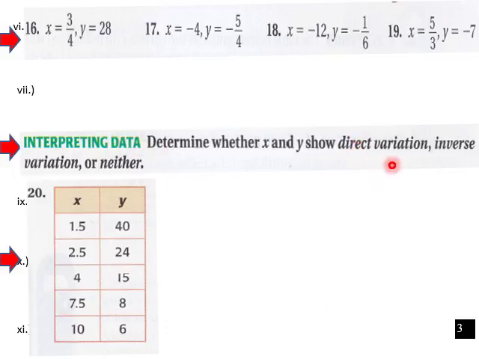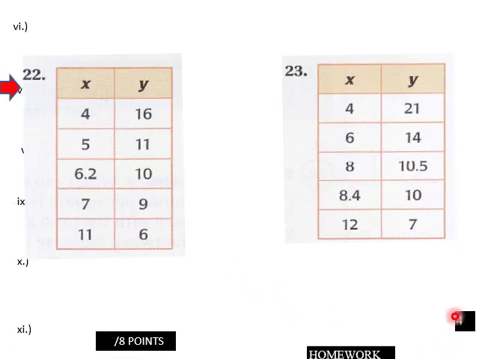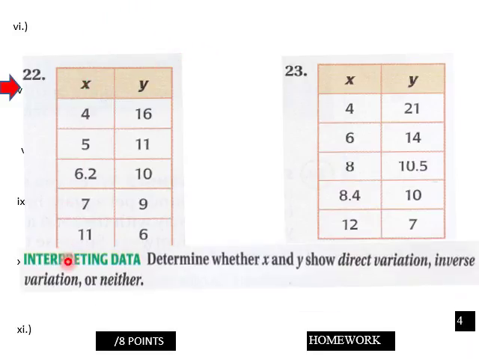Determine whether x and y show direct variation, inverse variation, or neither, using the table of values here. And then same thing here for 21, and same thing here on page 4 of your homework. What kind of relation do we have here between x and y? Direct, inverse, or neither?